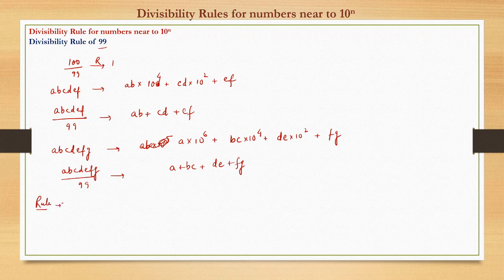So this is one of the rules. We can make many rules upon the combination. Rule is: make a pair of digits from right and add all such pairs.